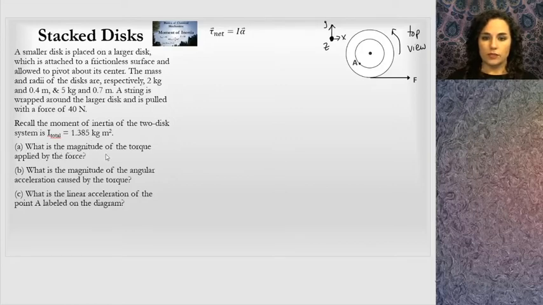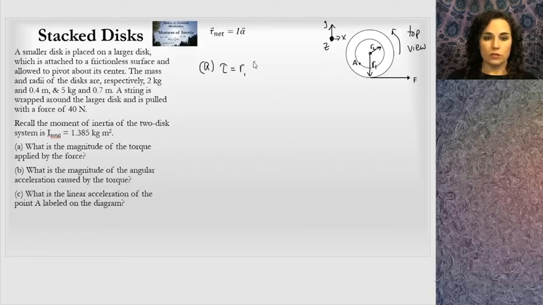It says, what is the magnitude of the torque applied by the force? So we'll start there. The torque applied by the force is going to be RF sine theta. So the radius for the force is going to be the radius of the larger disk, which I will call R1. There's a radius for the smaller disk, R2. So this will be R1.